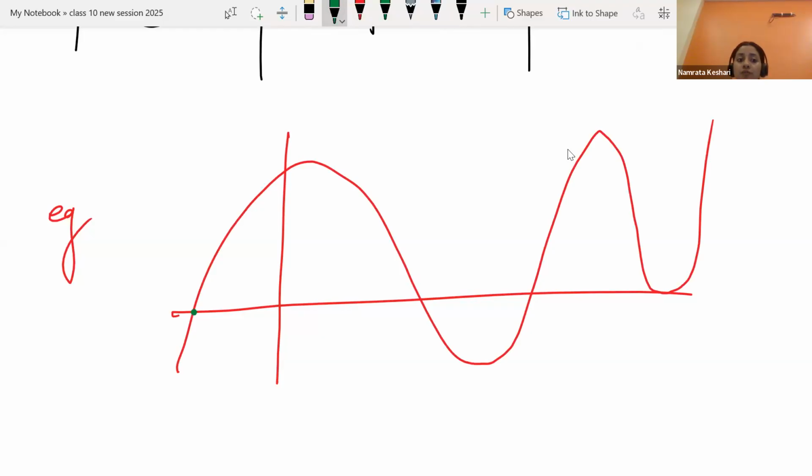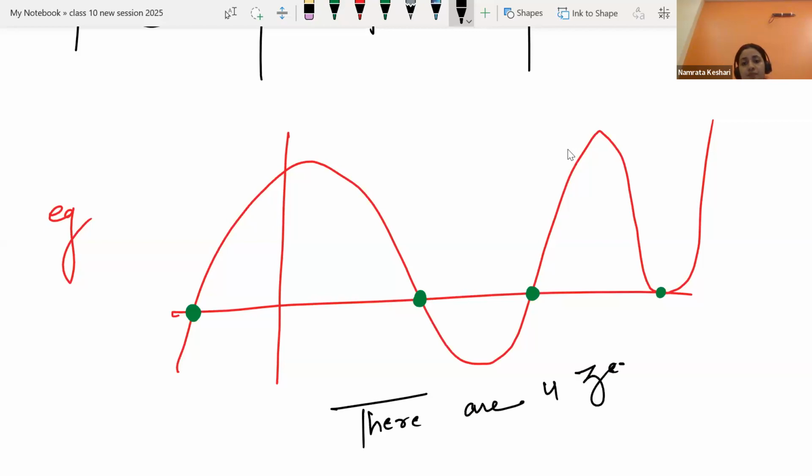One zero, another zero, x-axis, again and again I'm repeating x-axis, not y-axis, another zero, another zero. So 1, 2, 3, 4. There are 4 zeros over here. Getting it?